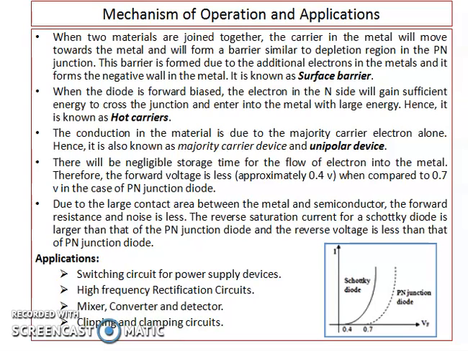Hence, it is also known as a majority carrier device and unipolar device. There will be a negligible storage time for the flow of electrons into the metal. Therefore, the forward voltage is less, approximately 0.4 volt, compared to 0.7 volt in the case of a PN junction diode.